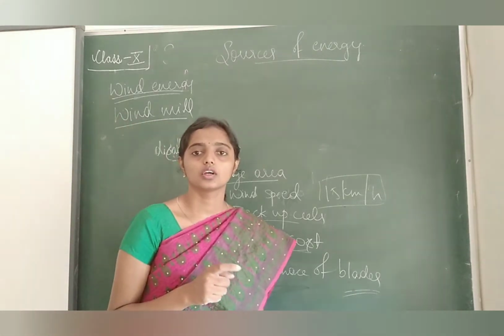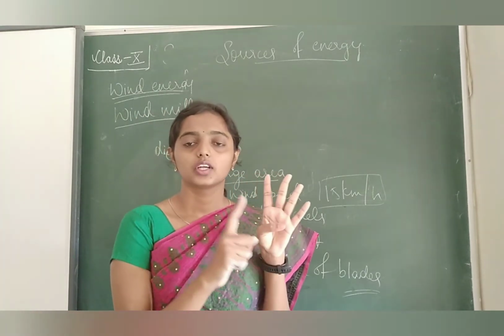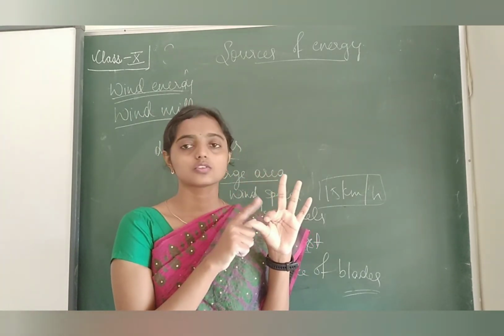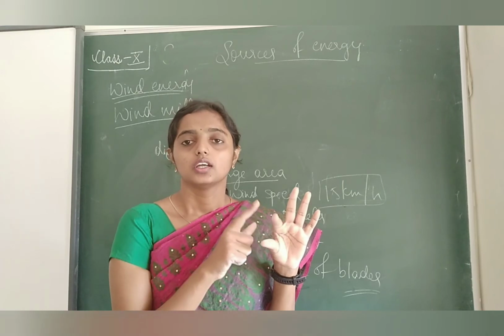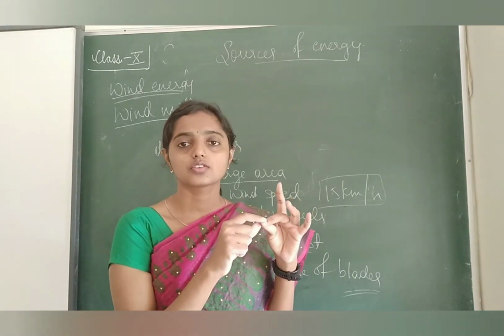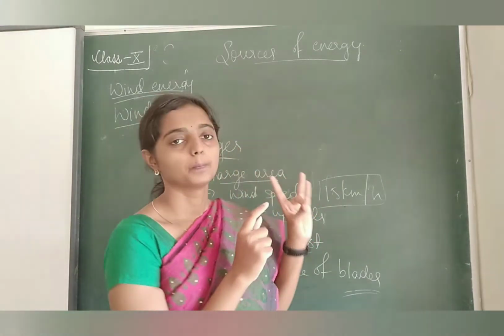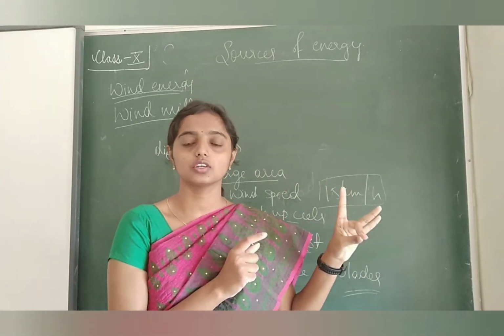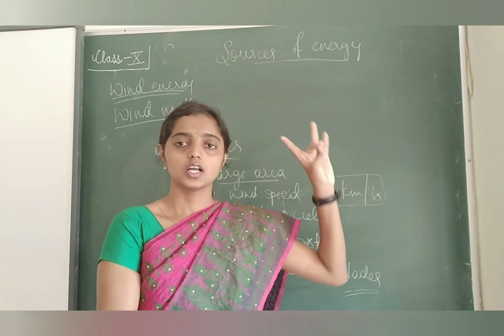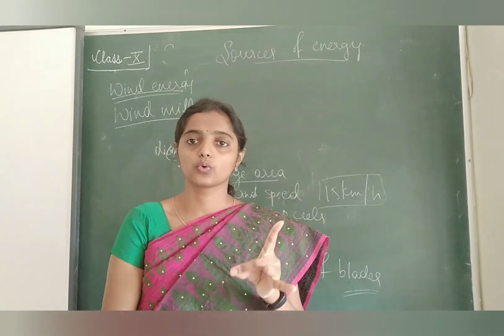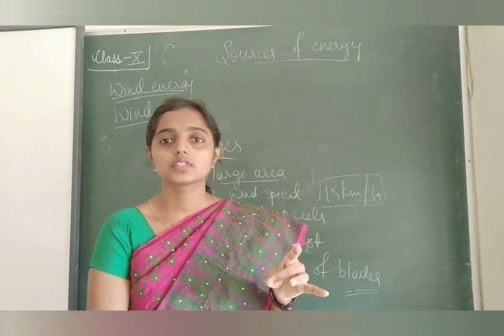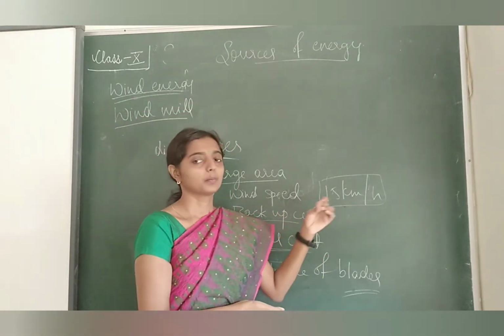Now we know what wind energy is. Later on we learned the uses of that kinetic energy, and how the structure of this windmill is, big like a fan structure, placed in high places with some rigid support. And what is the minimum speed required to rotate these blades.